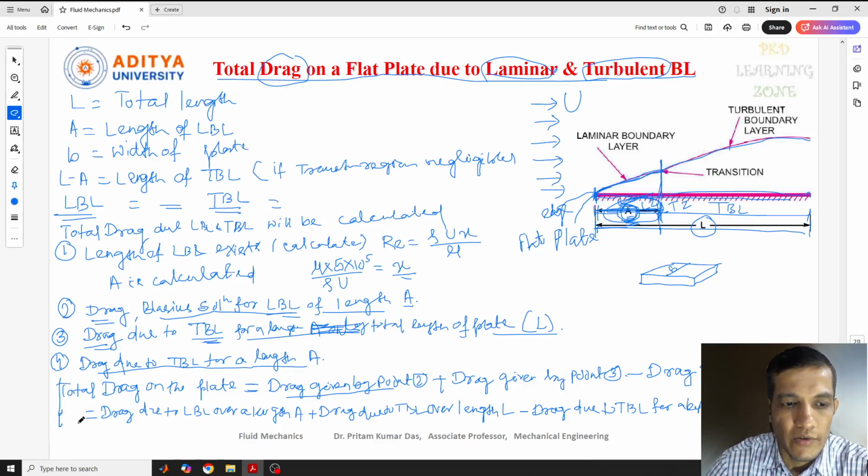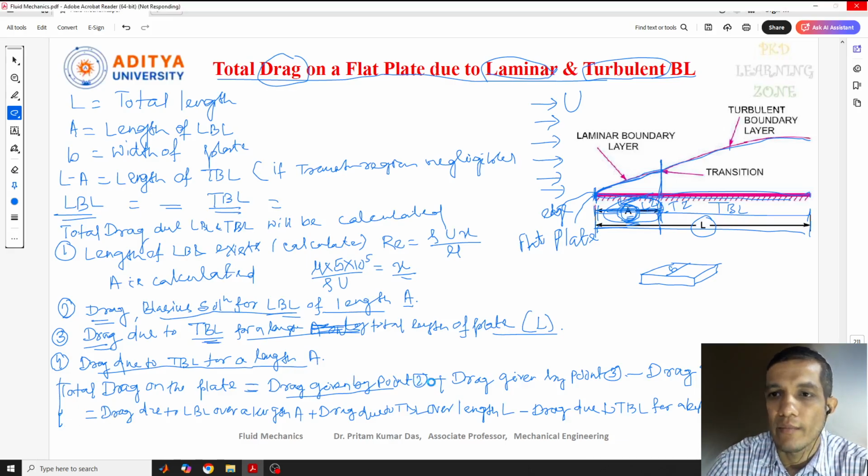Based on this we can calculate the total drag on the plate for laminar and turbulent boundary layer.